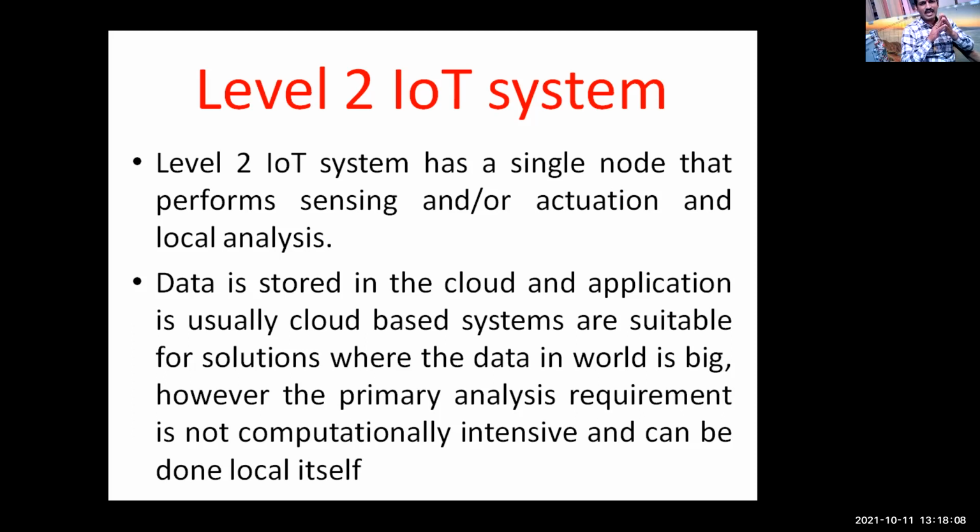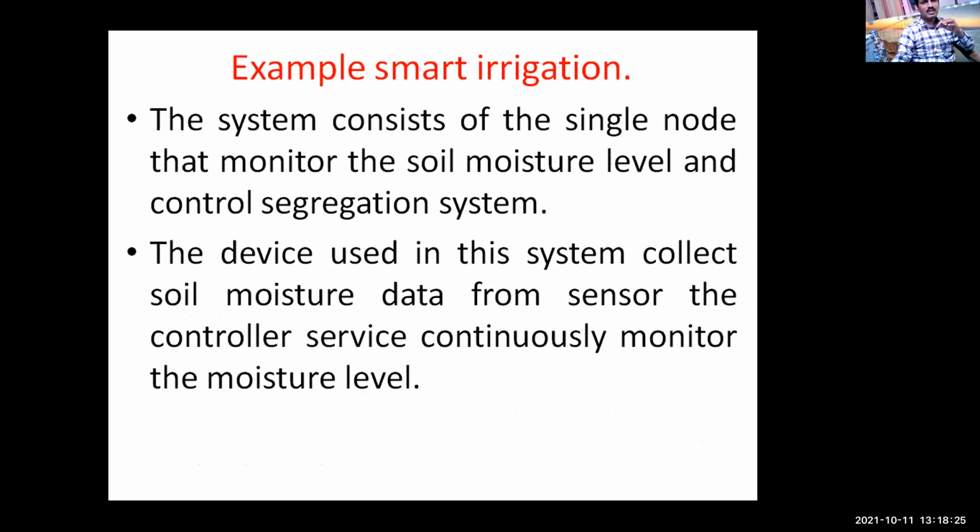However, the primary analysis requirement is not computationally intensive and can be done locally itself. When we have data analysis locally and data stored in the cloud, that is level 2. Example for level 2.